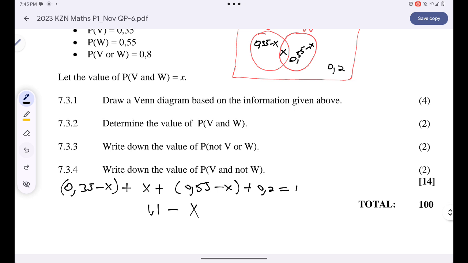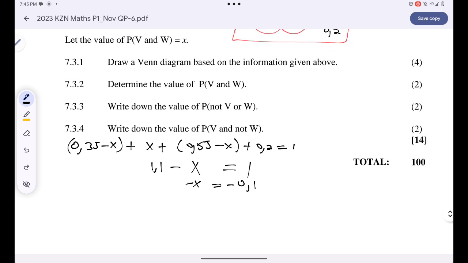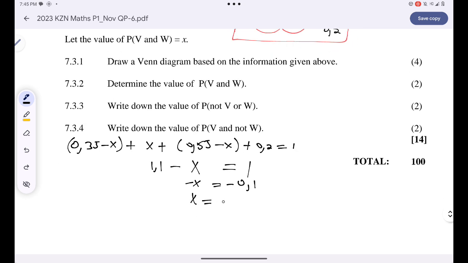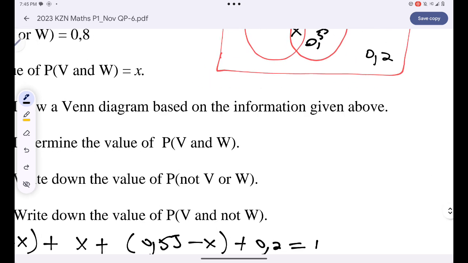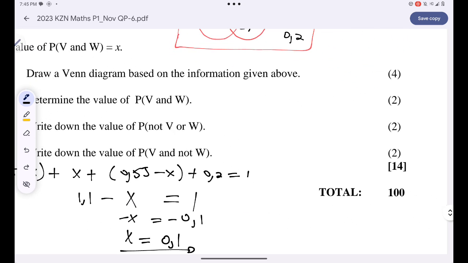On the right hand side I still have 1, so negative x is equal to 1 minus 1.1, which is negative 0.1. Then x is simply 0.1, because I'll divide both sides by negative 1.